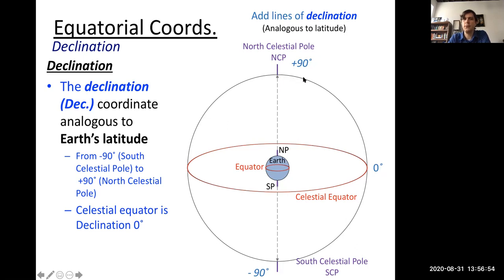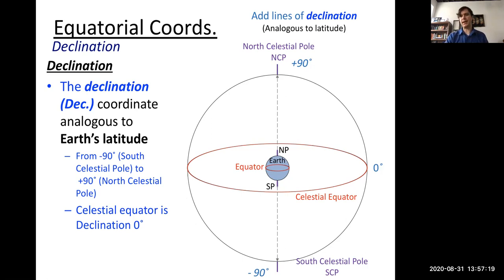And notice if we keep going past north, we start moving down towards the southern part. So we have between only minus 90 and plus 90. We go from plus 90 to 89, 88, 87, 86, 85, and so on, back down to 0, and then all the way up to minus 90. Okay.